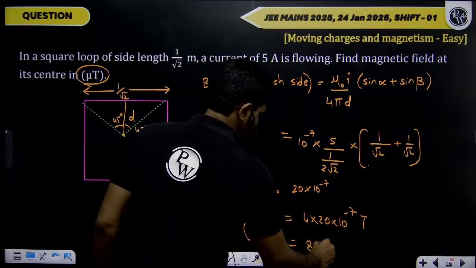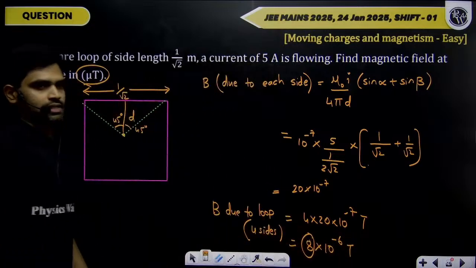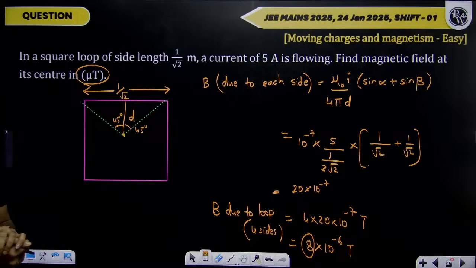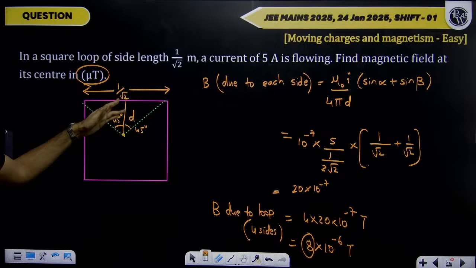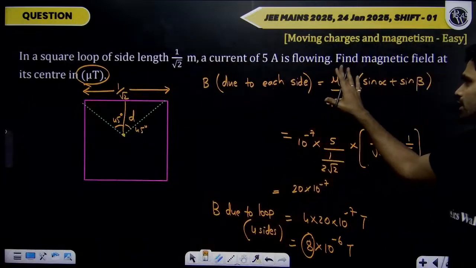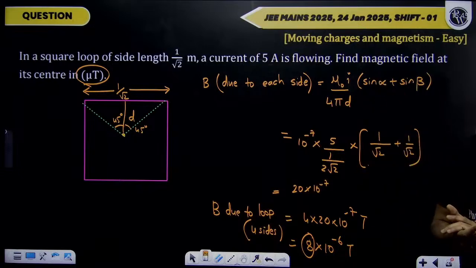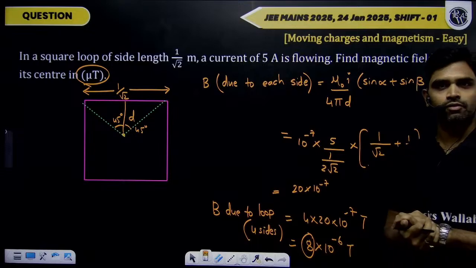So it is 8 into 10 power minus 6. The answer will be 8 for this. So due to each side we are finding, direct formula based question, mu naught I by 4 pi d into sin alpha plus sin beta due to each side, and we have 4 sides, so we need to multiply by 4.